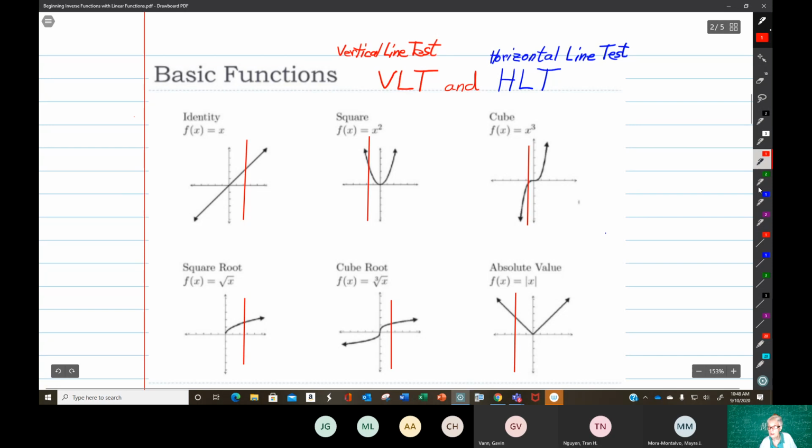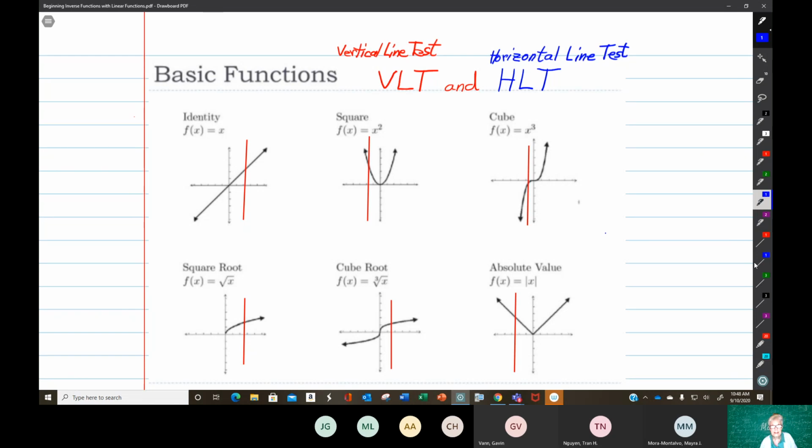Okay, if you want to know if a function is one-to-one, first it's got to pass the vertical line test. It's got to be a function. Then we use the horizontal line test the same way we use the vertical line test.